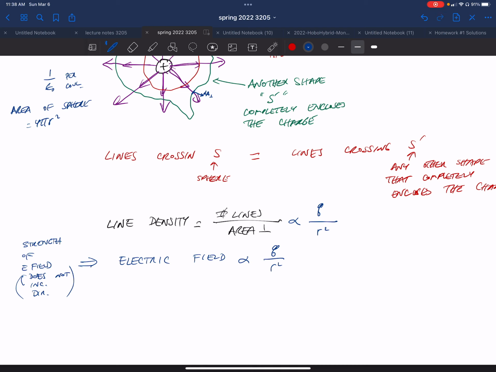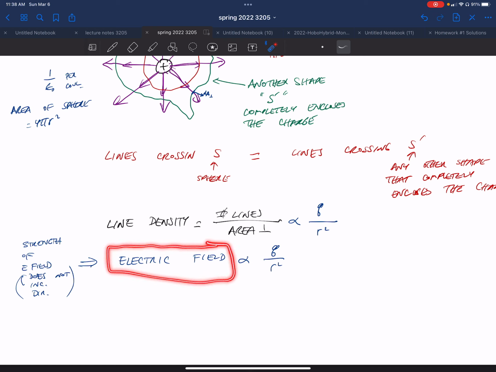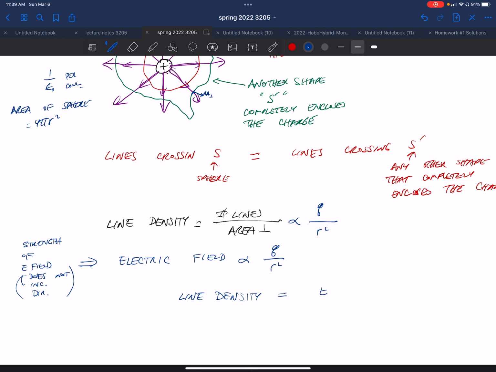Okay, so given these two things, the fact that the line density is proportional to Q over r squared, and the electric field is proportional to Q over r squared, we can say, as we already know, that the line density is proportional to E, but let's say it's equal to E with a constant.